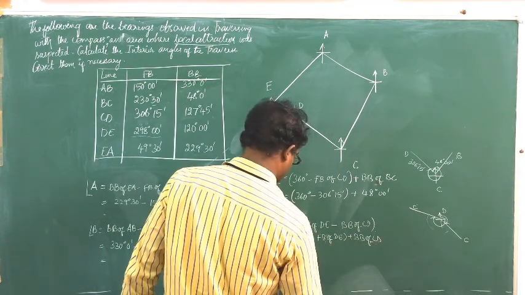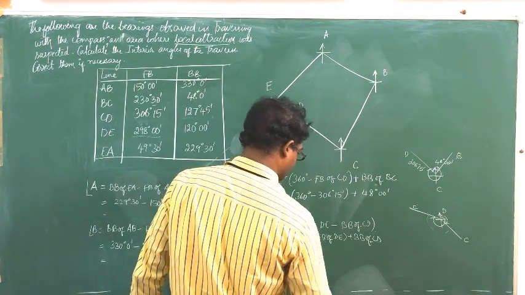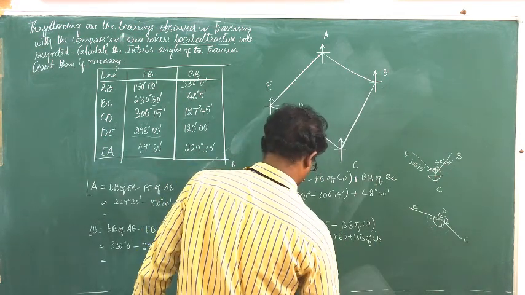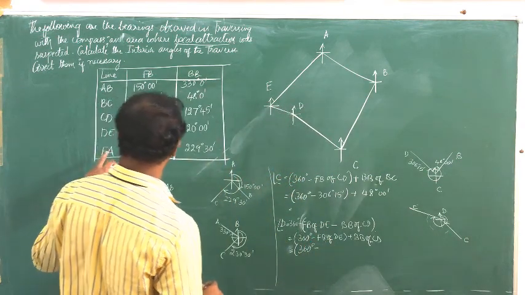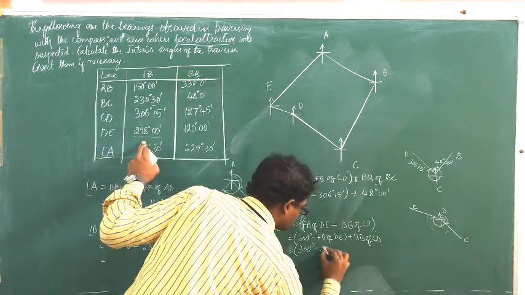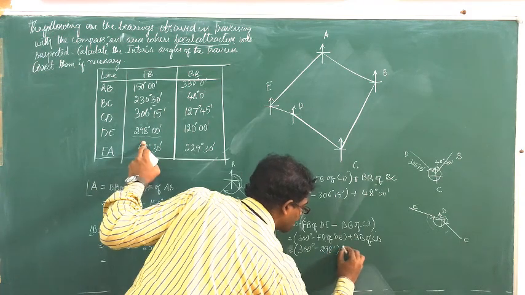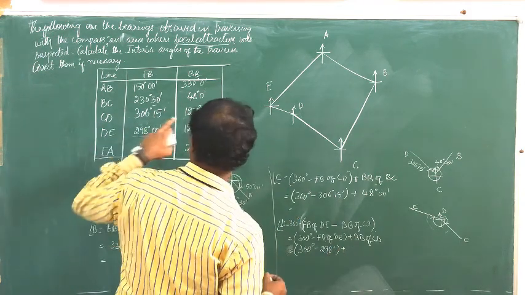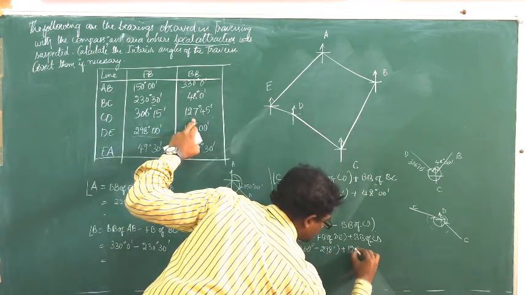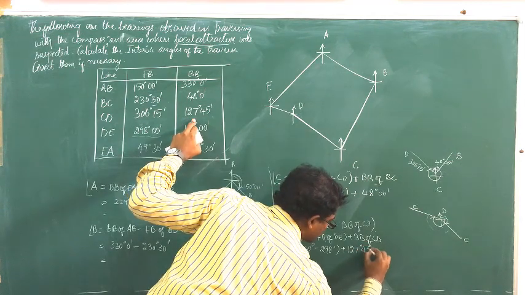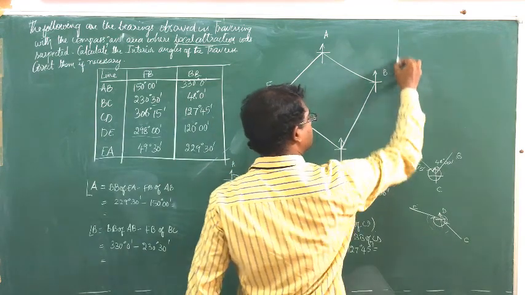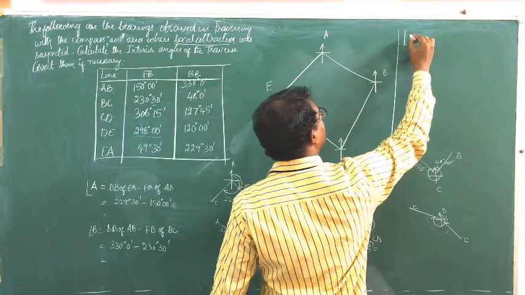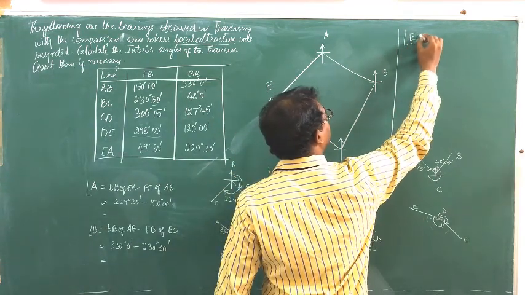And if you write down this value, 360 minus bearing of DE is 298 degrees plus back bearing of CD is 127 degrees 45 minutes. Calculate this value. Now let us calculate the last angle, that is angle E.